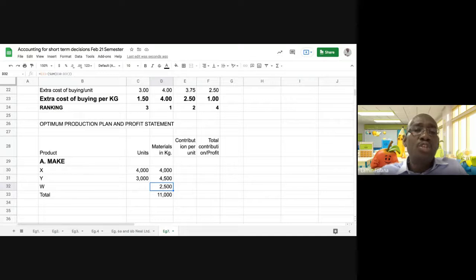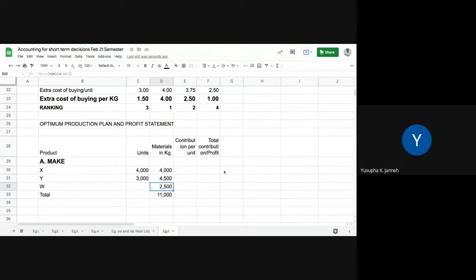But how many units is that going to translate to? So we need to find out how many units the 2,500 kg will fetch. So how are we going to calculate that? We already know the kilograms of material to be used. That is 2,500.